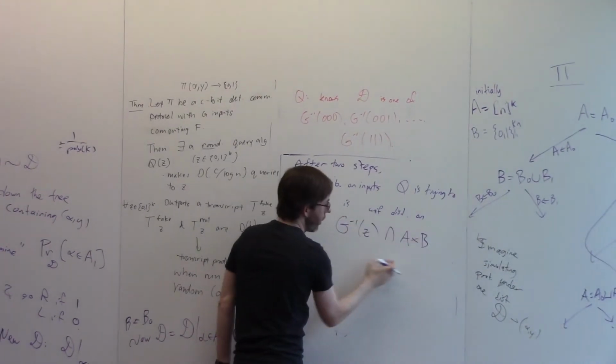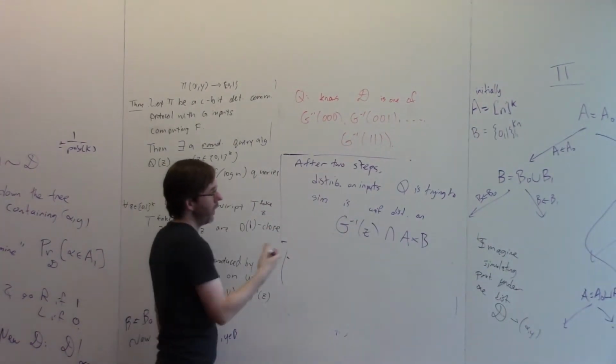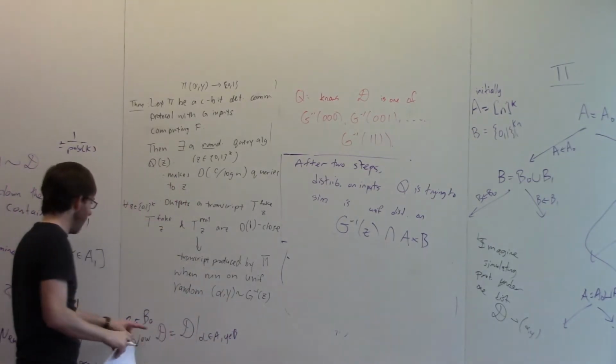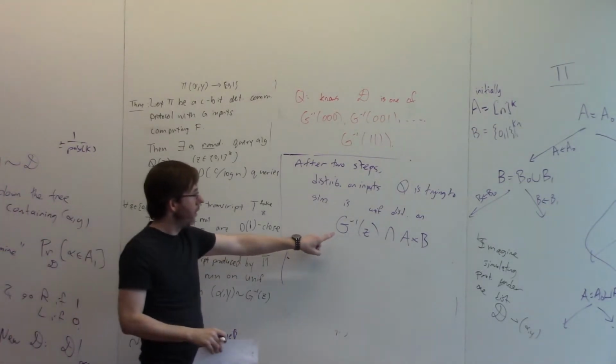So this is some weirdo step, and in order to proceed, we have to imagine what will happen with this D being this distribution.